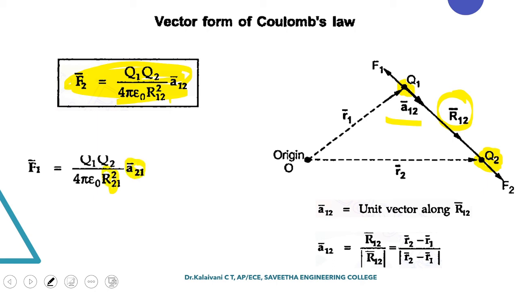Remember, this is very important in doing the problems. F2 is from 1 to 2. When the force is F1, it is from 2 to 1. Okay. So what will be the relation between F1 and F2? F1 is equal to minus F2.